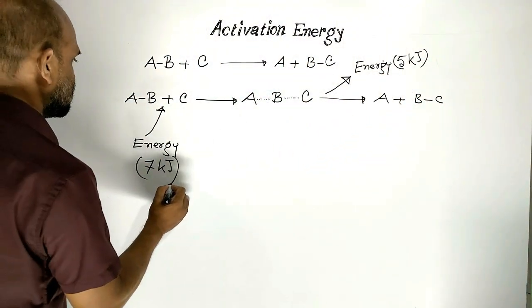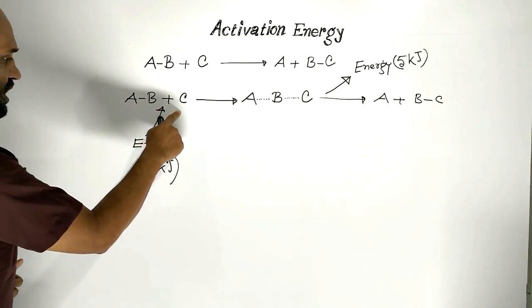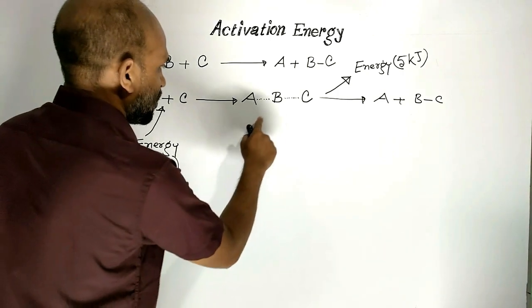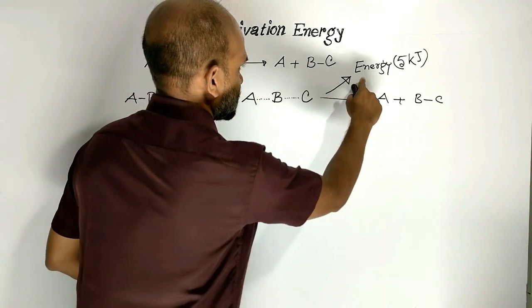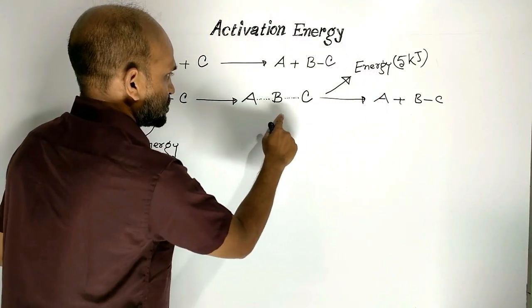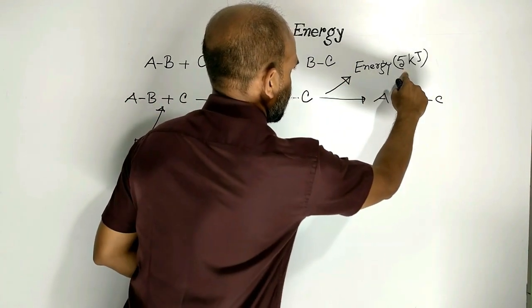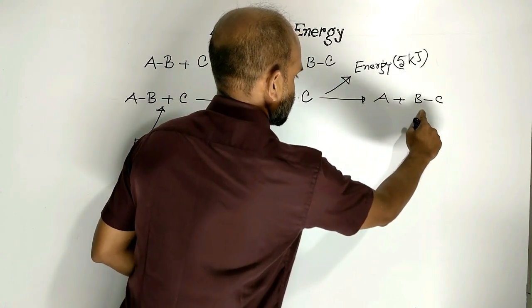That is to say, in the first step, compounds absorb some amount of energy to form complex structure, and in the second step, this complex structure releases some amount of energy to form final products.